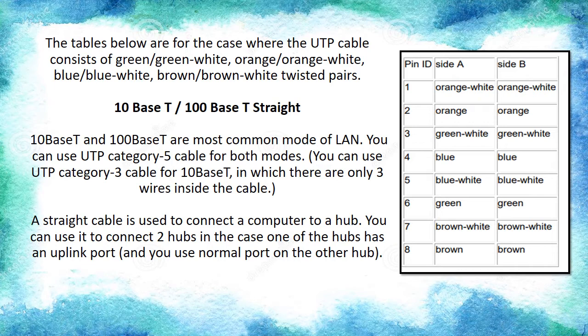You can use UTP category 3 cable for 10 base T, in which there are only 3 wires inside the cable. A straight cable is used to connect a computer to a hub. You can also use it to connect 2 hubs when one of the hubs has an uplink port and you use a normal port on the other hub.